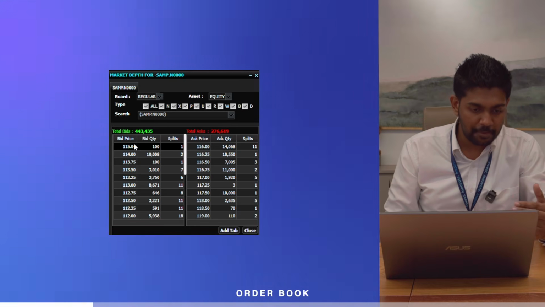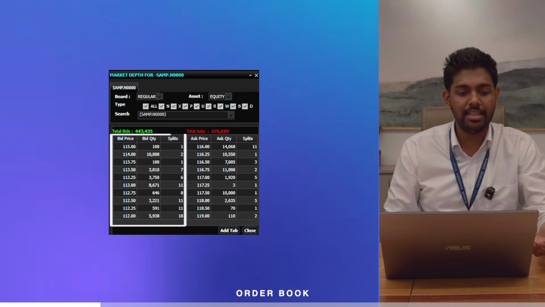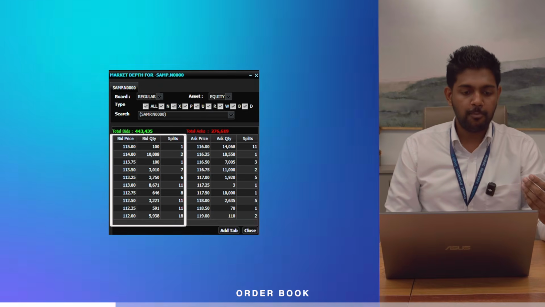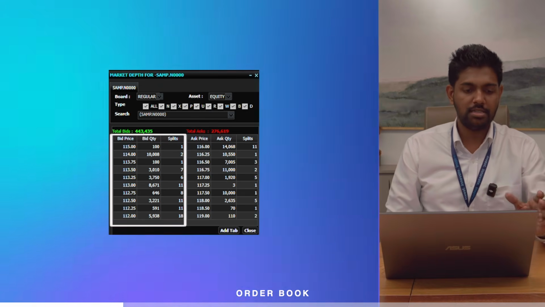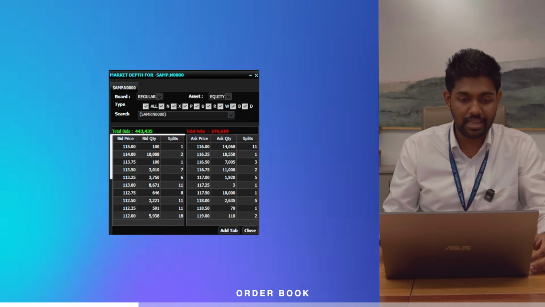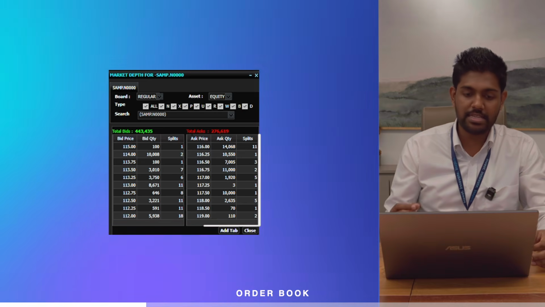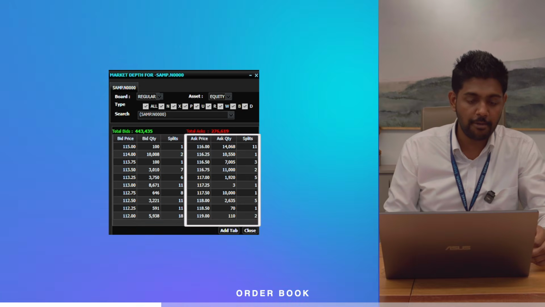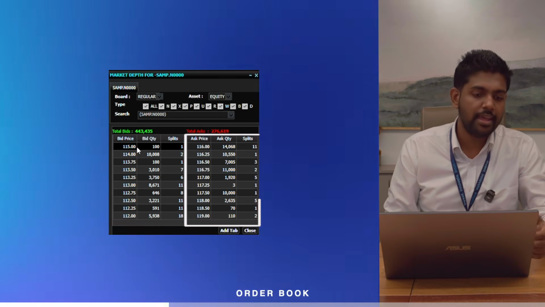From the left hand side, you will see the bids, which are at what price investors would like to buy these securities. And of course, on the right side, you will see at what price and how many shares investors are willing to sell this security.